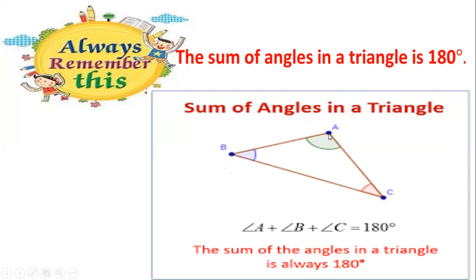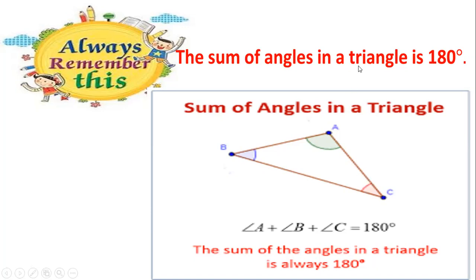An angle at vertex A, we call it BAC, and it has a measure. An angle on vertex B, we call it ABC, and it has a measure. An angle on vertex C, we call it ACB, also it has a measure.